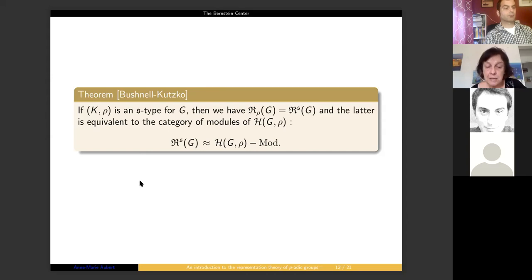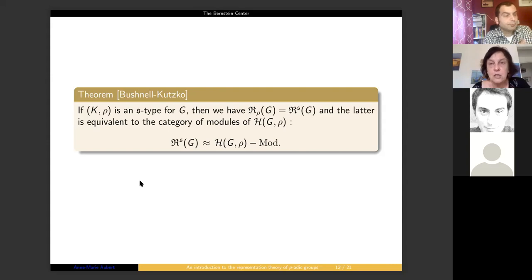For GL_n and its inner forms, and for SL_n, the theory of types is known for every group, with no condition on p and no condition on F.